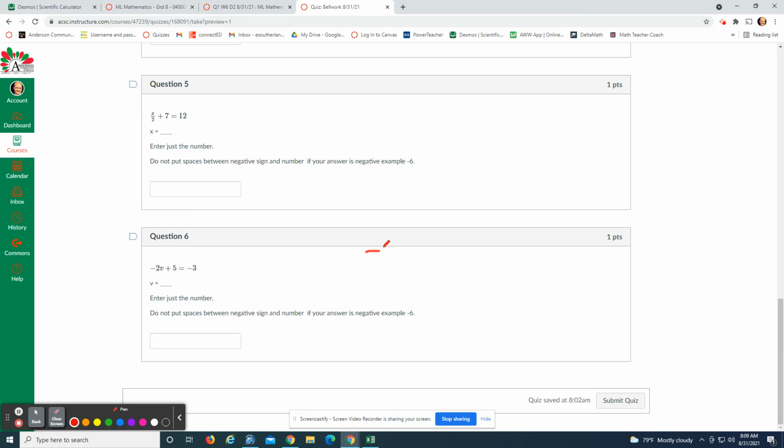This problem says -2v plus 5 equals -3. Am I getting rid of the -2 or the 5 first? The 5. To get rid of a plus 5, we subtract 5. The -2v drops down. These will cancel each other out. -3 minus 5 is -8.